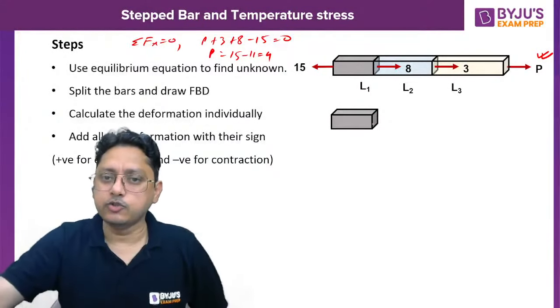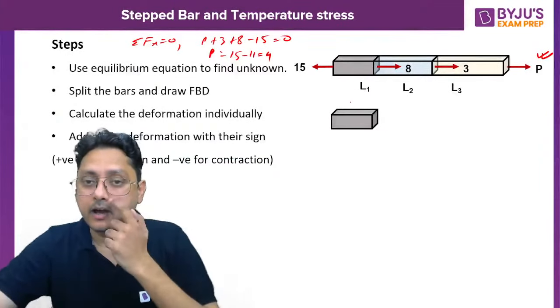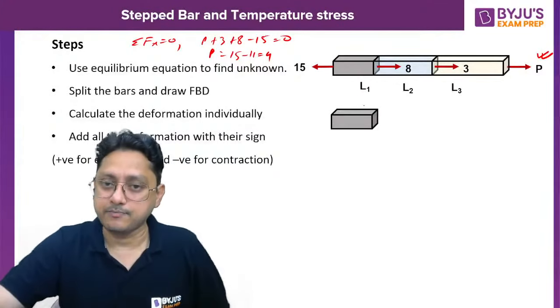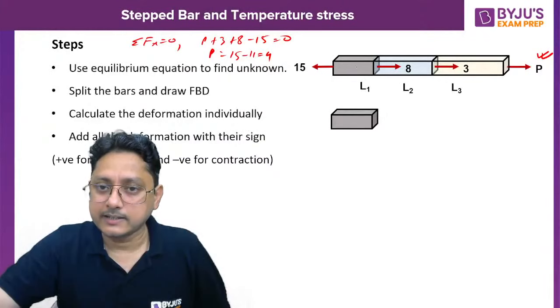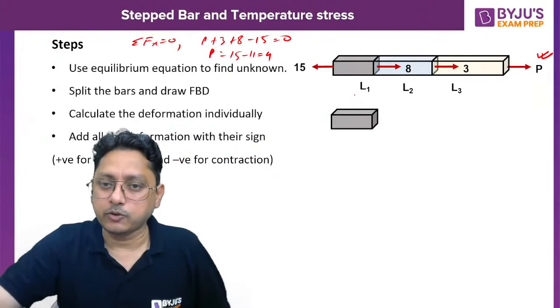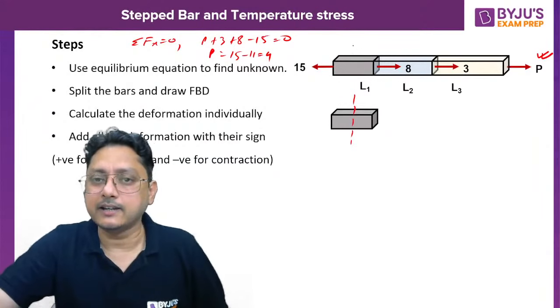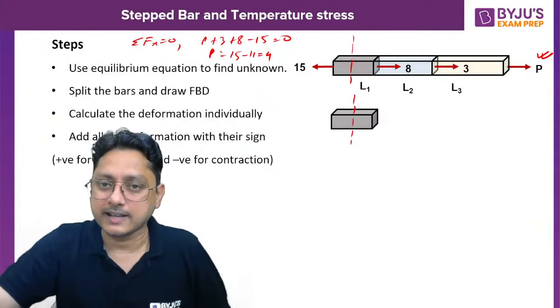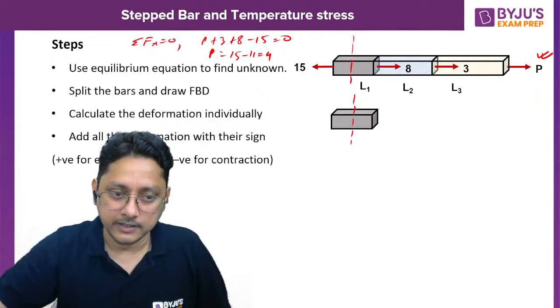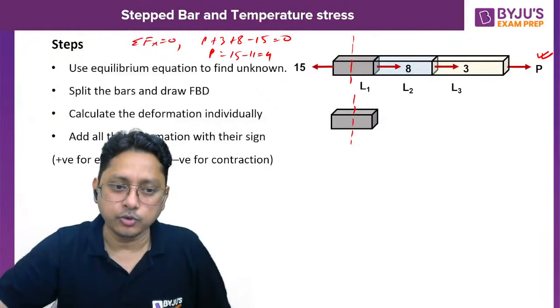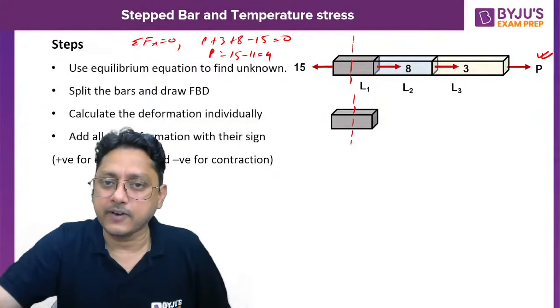Now take the individual elements, and here is the key to solve this type of problem. Whenever you are taking any particular element, you stand at the center. By standing at the center, you see either towards the left side or towards the right side. Why am I doing so?